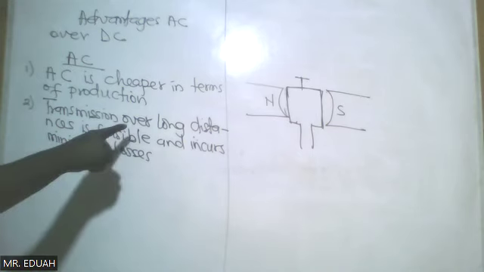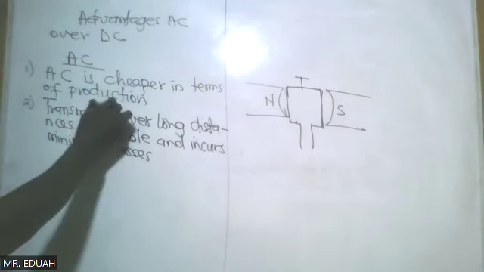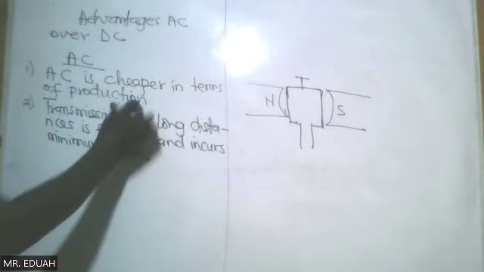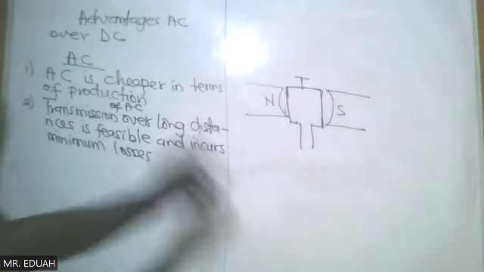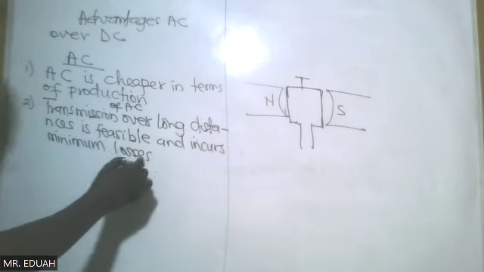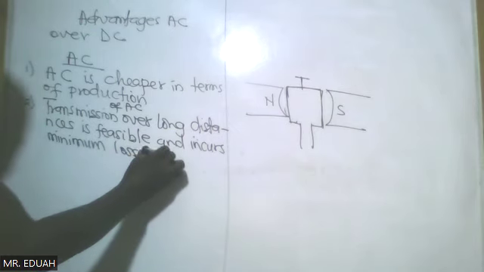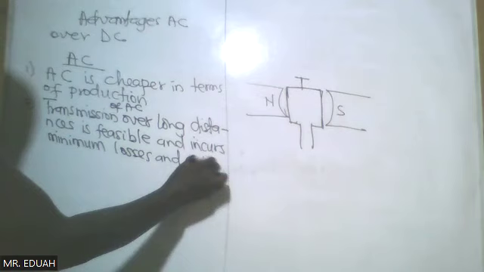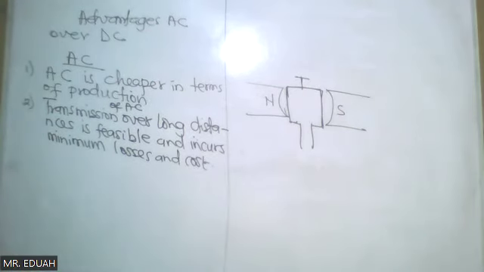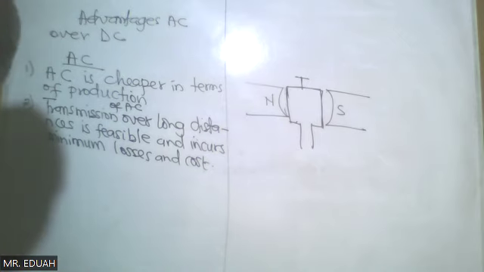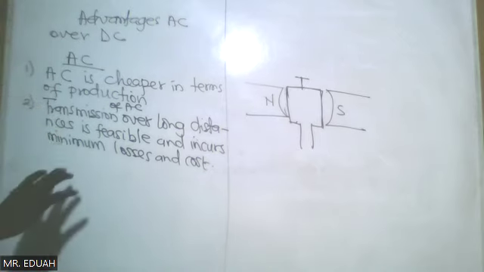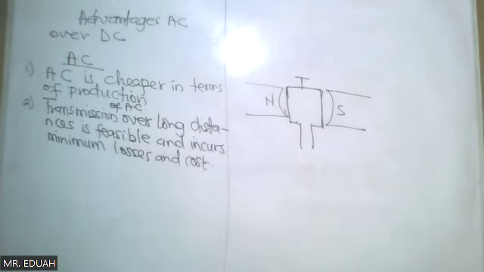So transmission of AC over long distances is feasible and incurs minimum losses and costs. Meaning you can easily transport alternating current from the production sites to wherever it is needed. If you do that for DC, it will cost a lot of money.